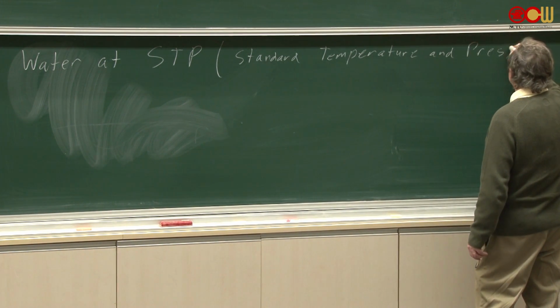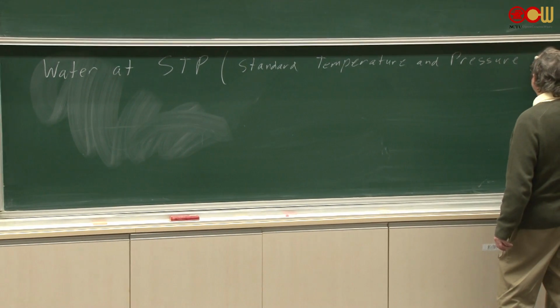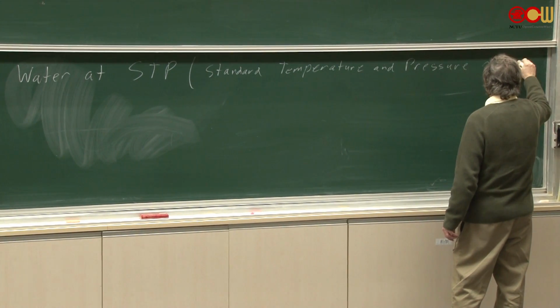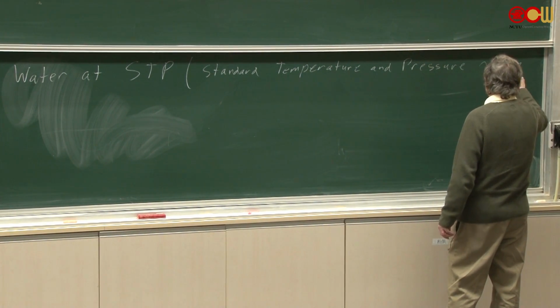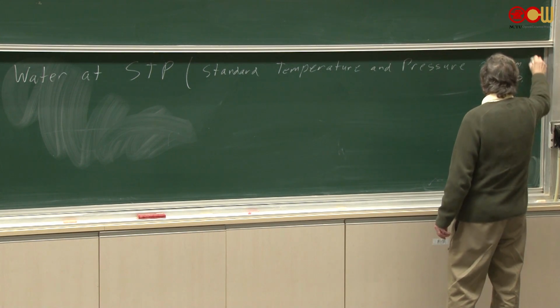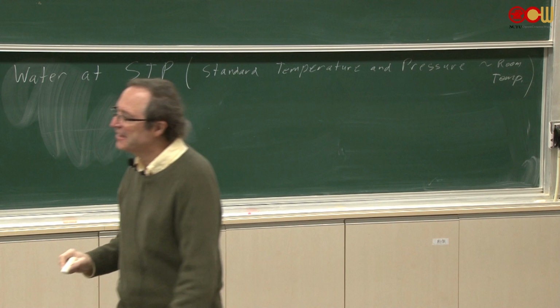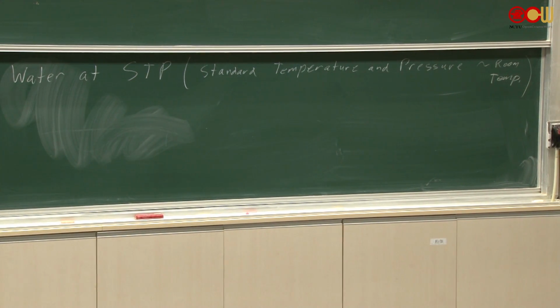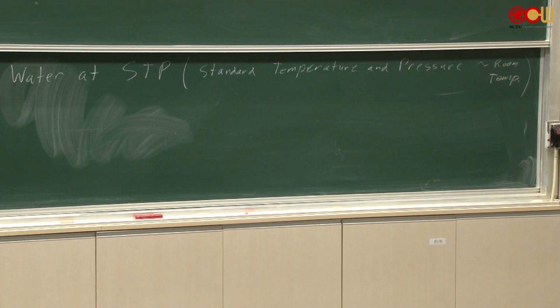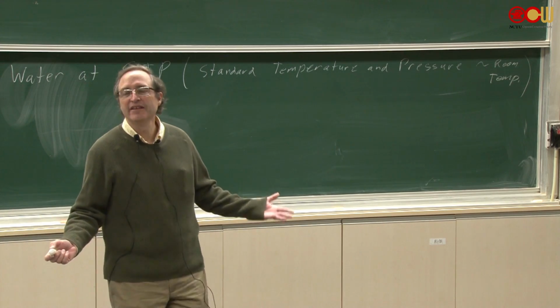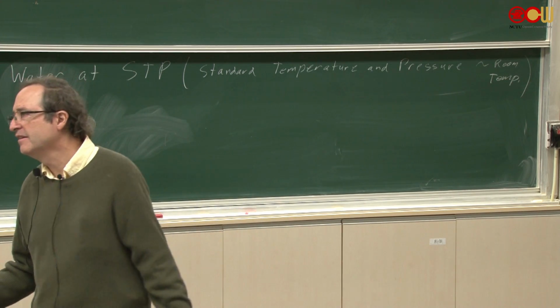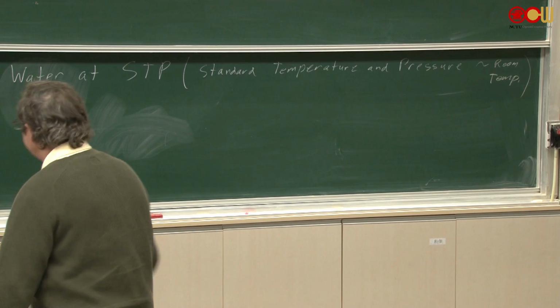So for example, liquid water at room temperature, let's say STP, standard temperature and pressure. So it's around room temperature. I don't know if it's exactly that. Who knows what room temperature is? Room temperature in Taiwan could be quite different than room temperature somewhere else. All right. It's roughly 300 degrees Kelvin and atmospheric pressure.